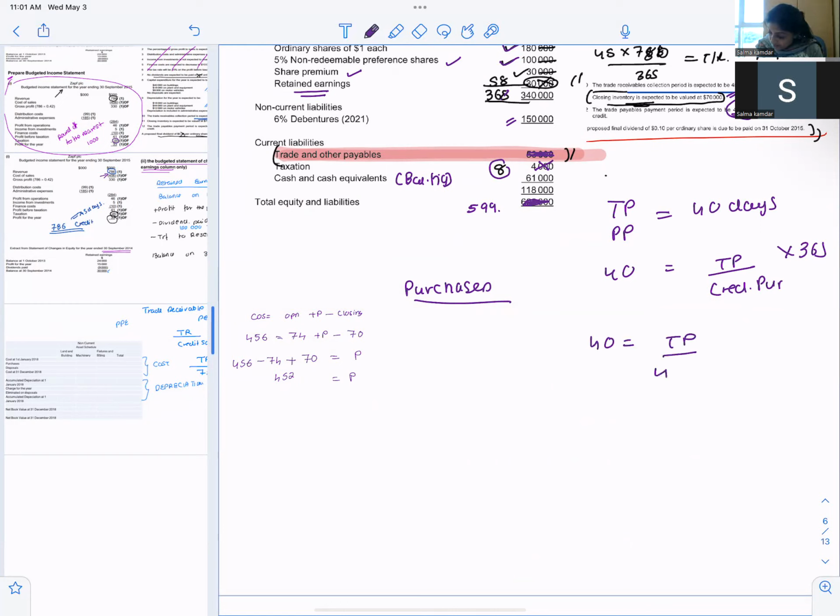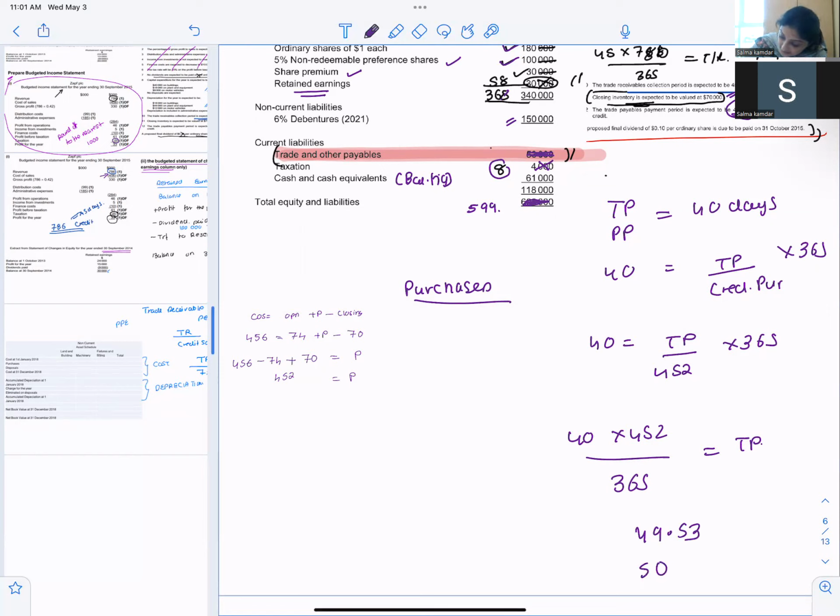What is my credit purchases? 452 into 365. So 40 into 452 divided by 365 will become my trade payables. This is coming up to 49.53. I have to round off to the nearest thousand, so my trade and other payables will become 50.